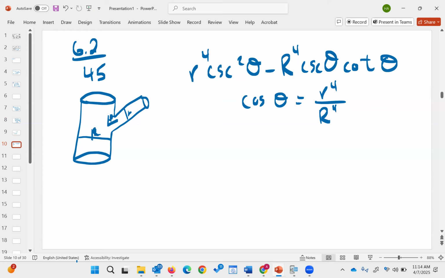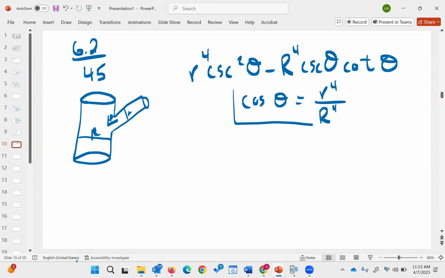Cosecant is equal to what? No, that's cotangent. Let's try to see if this works out. This is where we have to substitute.